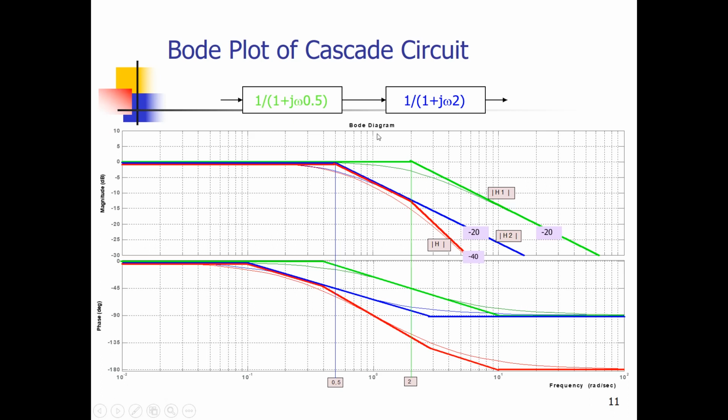Well, at the crossover frequency of this system, which was 0.5 radians per second, which is over here, we know that the phase was minus 45 degrees.